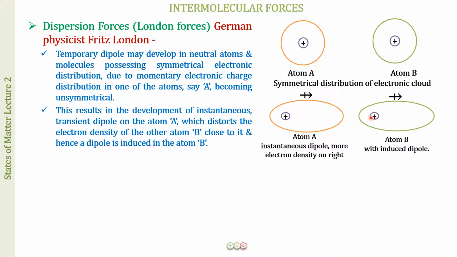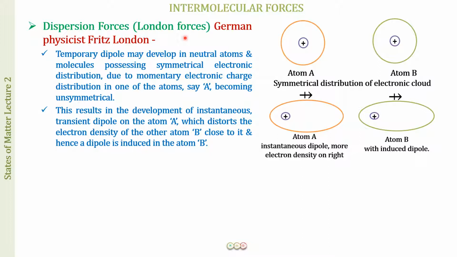This attraction is a weak attraction, a temporary attraction, and this attraction we call the dispersion force. Right? I hope this is clear. This is an attraction between an instantaneous dipole and an induced dipole. So we can also call it the instantaneous dipole, induced dipole attraction, the dispersion force or the London force.